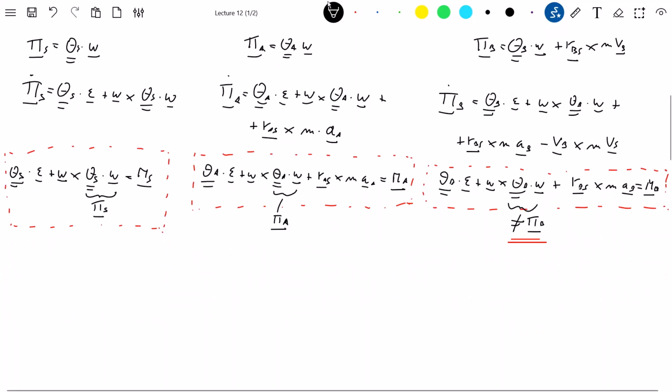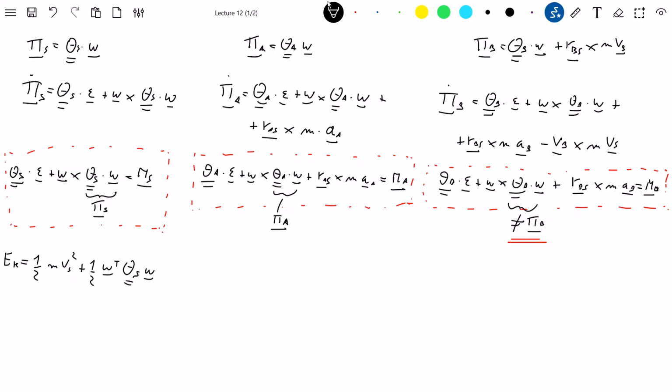And the last formula that I want to remind here is K. So kinetic energy is equal to 1 over 2 times mass times Vs to the power of 2 plus 1 over 2 omega transpose times theta s times omega in the case of the center of mass.